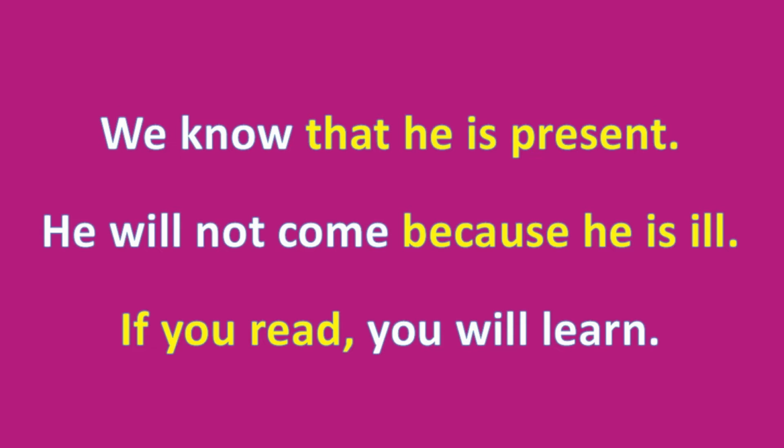So we can say we know is here the independent clause and that he is present is the dependent clause or the subordinate clause. So my dear students, the combination of such two clauses is called a complex sentence.